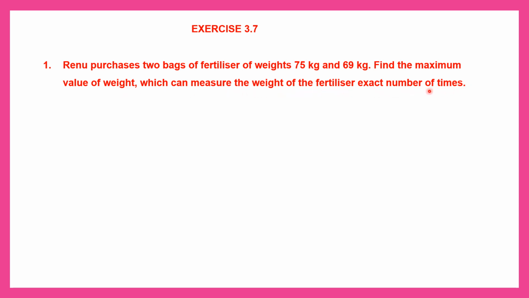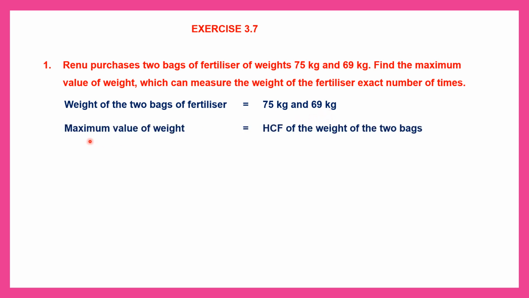That means how many bags can we have with a particular weight here. Okay, so that they will have the exact number of times of that weight. So let's begin by saying weight of the 2 bags of fertilizer, which is already given to us, 75 kg and 69 kg. Now we have to find the maximum weight of the value of the weight, and that is by finding the HCF of the weight of the 2 bags.